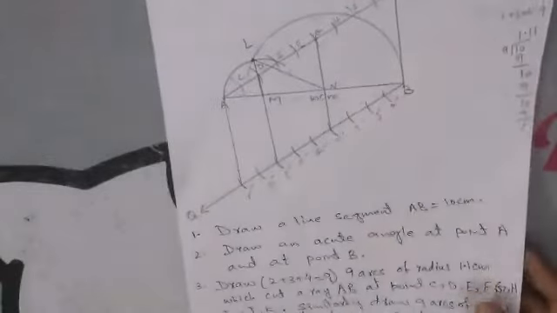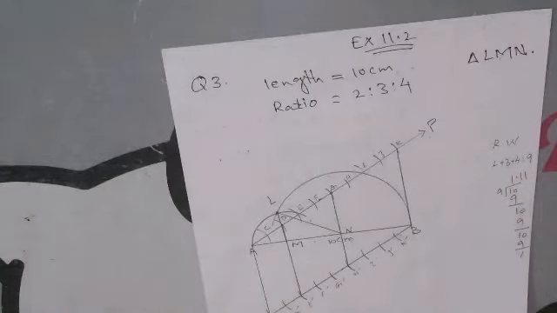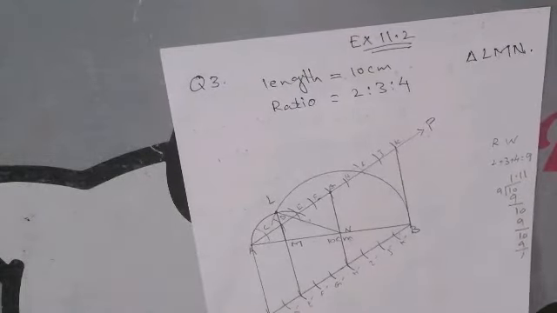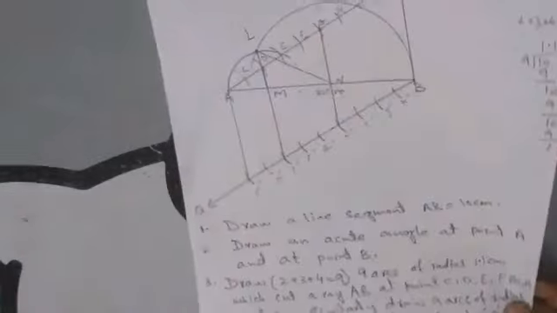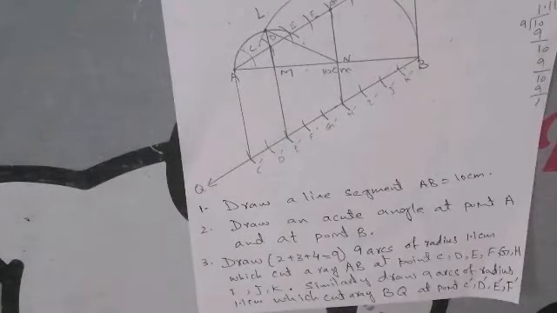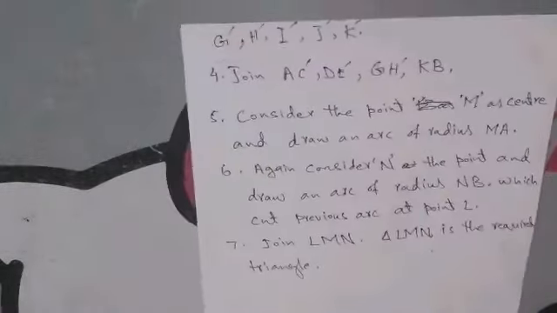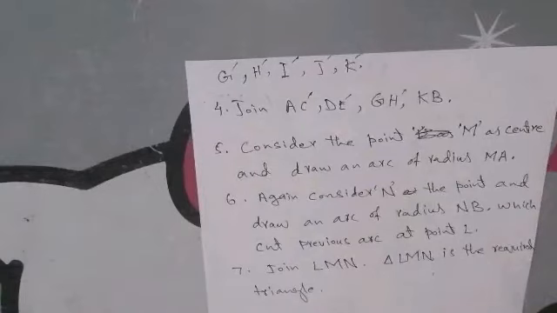Exercise 11.2, question number 3, steps of construction. You can note down. 1, 2, 3 steps on this page. And now 4, 5, 6, 7 steps on this page. So I hope it will help you to note down the steps of construction.